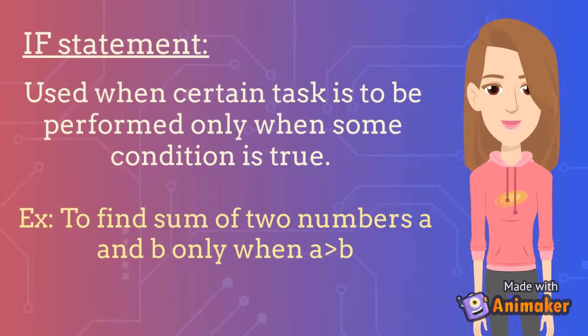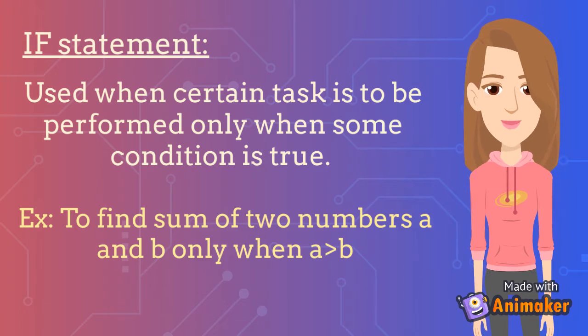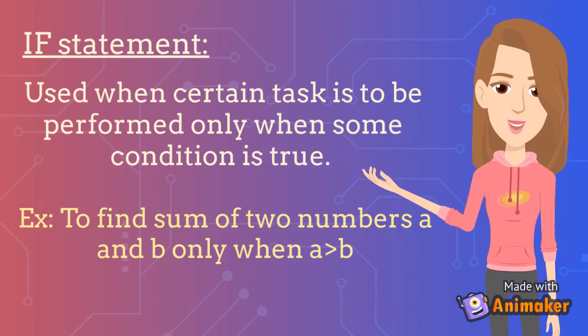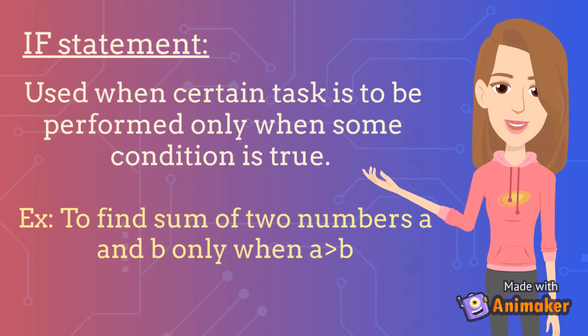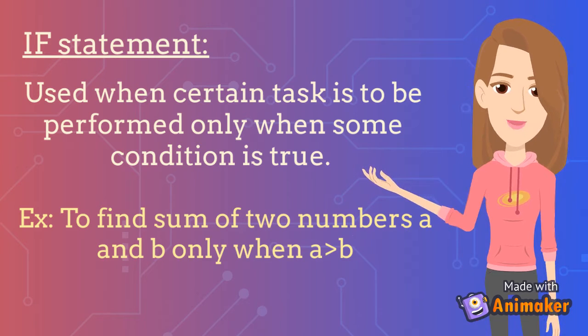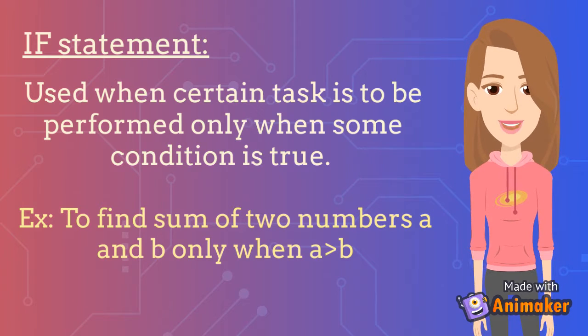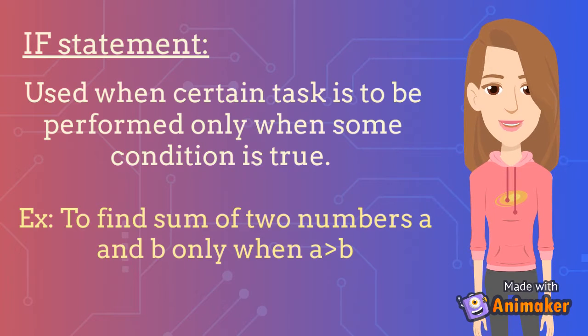For example, if you are asked to find the sum of two numbers a and b only when a is greater than b, then you will first check whether the condition a greater than b is true or not. If yes, then you will add. Otherwise, you will not add.